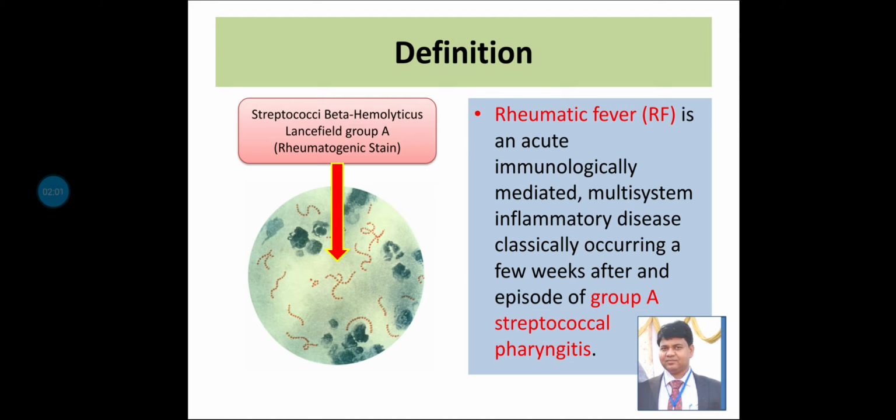And especially the joints are involved in this condition. So joints are called rheumatic. So rheumatic fever means the disease of the joints basically, but it has a multi-system involvement.